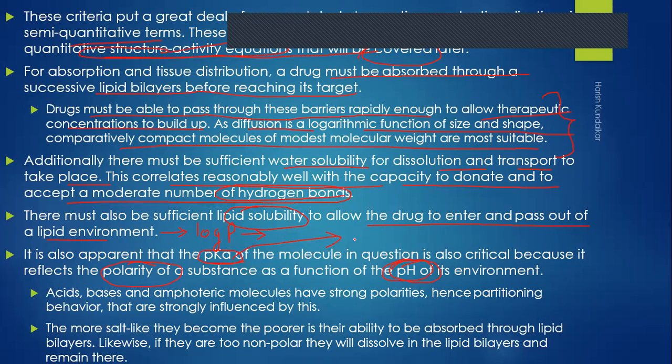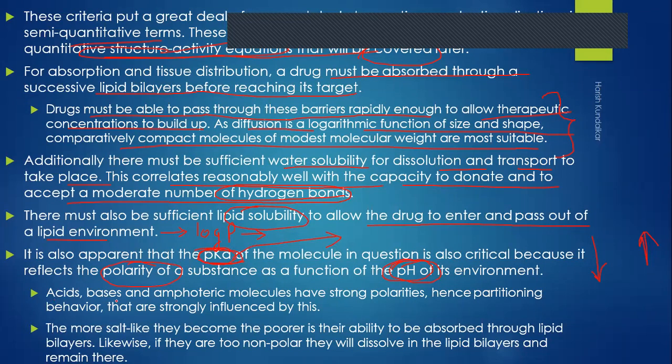If we were talking about pKb, the base dissociation constant, then again the same thing applies. The lower the pKb, the stronger is the base. The higher the pKb, the weaker would be the base, right? So these are interrelated terms, but pKa is the term that is more widely used.